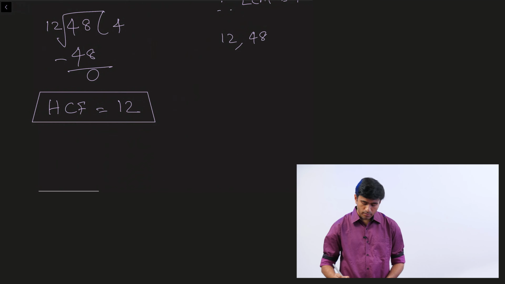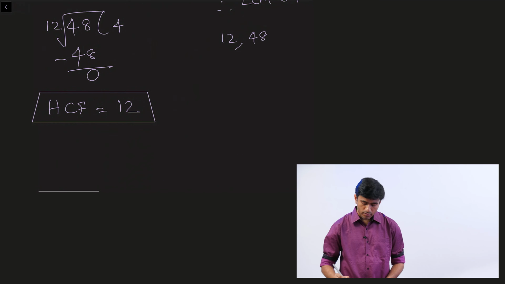Second one is LCM will be equal to or greater than the given numbers. The third one is if HCF of two numbers is equal to any one of the numbers, LCM will be the other number. We looked at the example of 12 and 48. And the last property we saw is that if HCF of two numbers is 1, that is if they are coprime numbers, the LCM of coprime numbers is always the product of those two numbers.